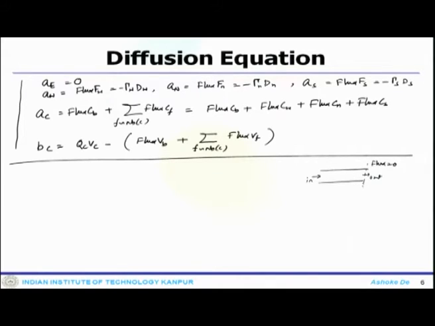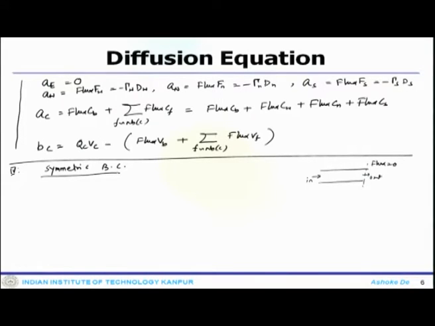Now, moving ahead, there is a fourth type of boundary condition which can also be used, which is a symmetric boundary condition.